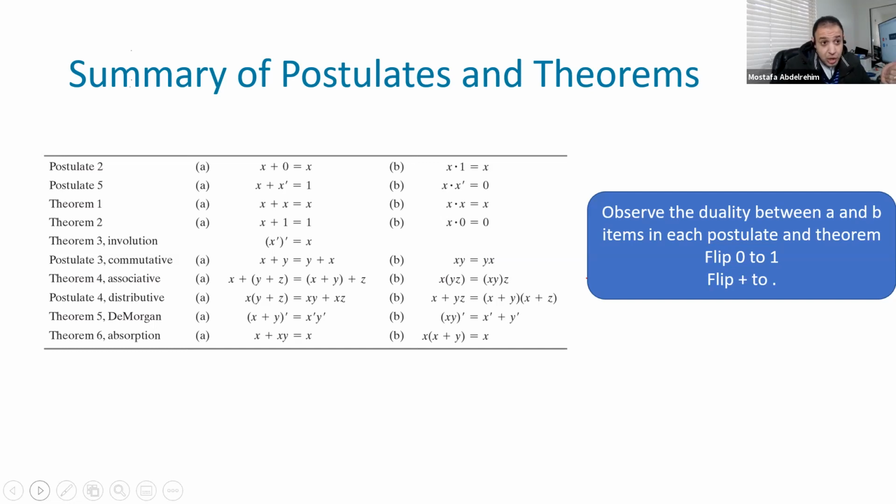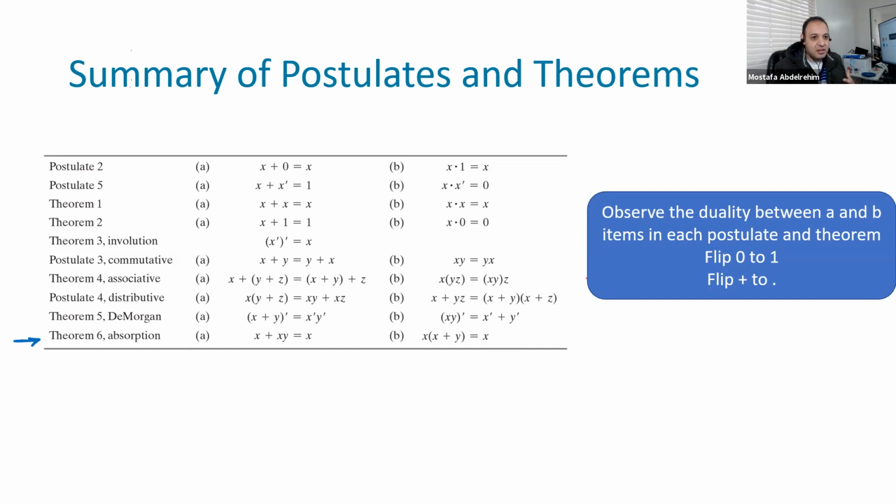We can do that using the truth table, or we can use the axioms or the postulates, and also other proved theorems, like what we have done, for example, when we did theorem 6, the absorption, this one, in which we used 2a and 2b.